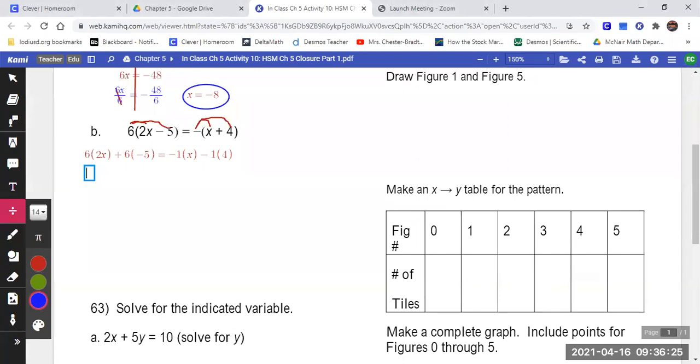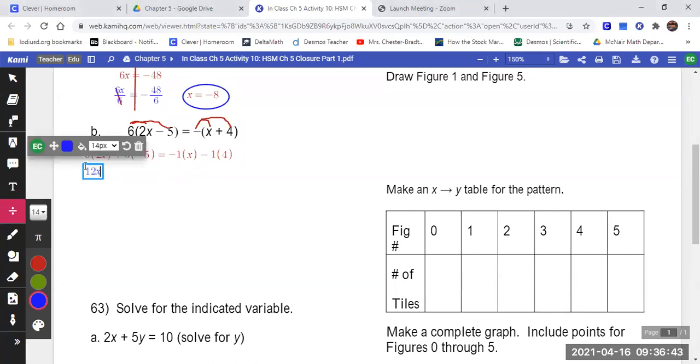Do the math. What are we going to get? Remember, you need to have your eyes showing. We know better. Yep, 12x minus 30 equals negative 1x minus 4.